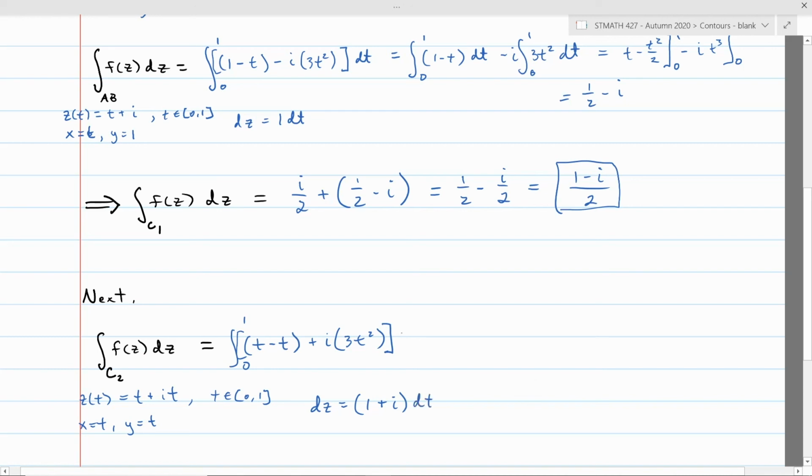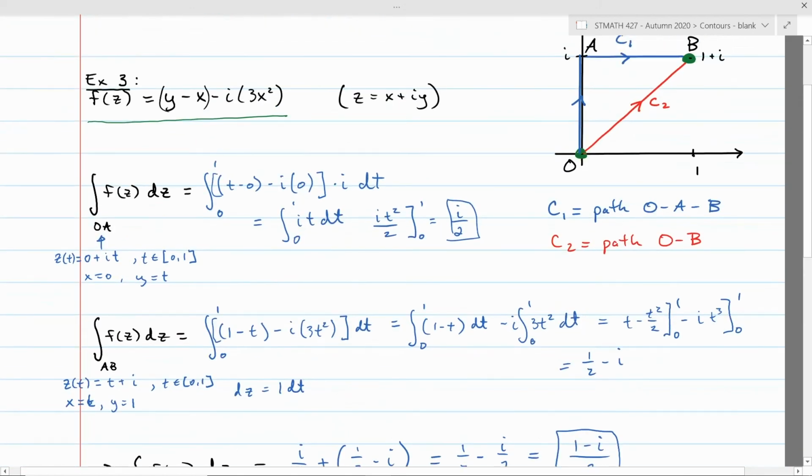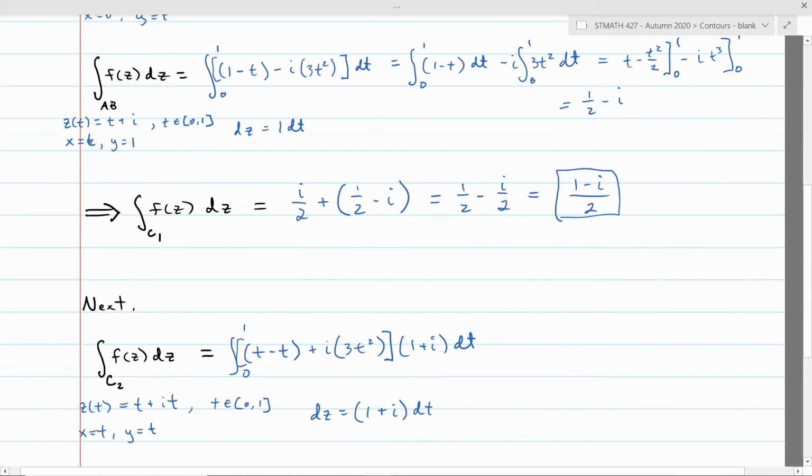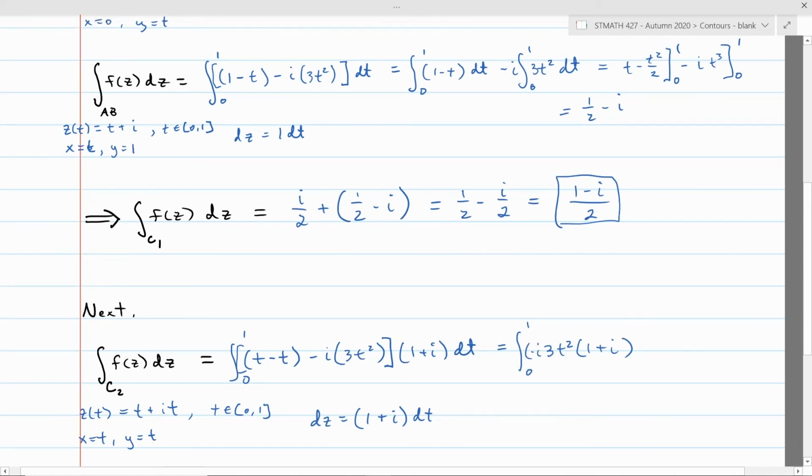Oh, there was a minus in that f of z function, so this should be a minus right here in the middle. Okay, so this is just the integral of negative 3t squared times 1 plus i. There's an i here too. Negative integral 0 to 1 of negative i times 3t squared, and that's all times dt.